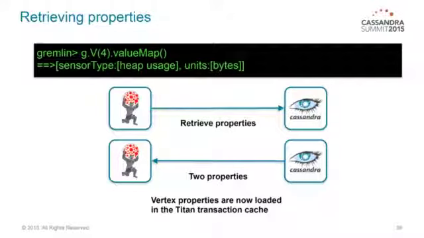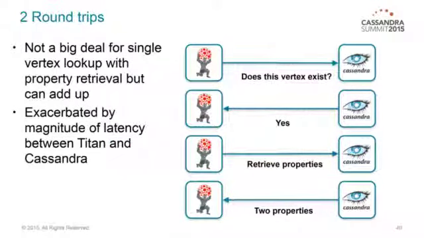It won't go out again and re-retrieve it. So that's good, but you can get an idea here of how, depending on the number of vertices you're dealing with, properties and things like that, you could run into trouble, also depending on your deployment model. So these add up to basically 2 round trips going back and forth to retrieve this information.